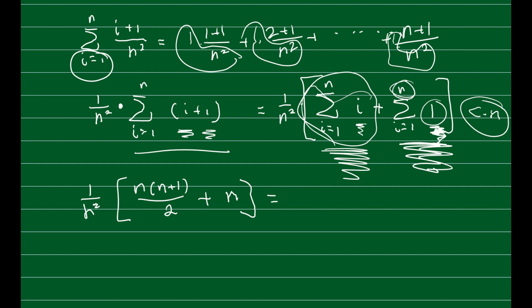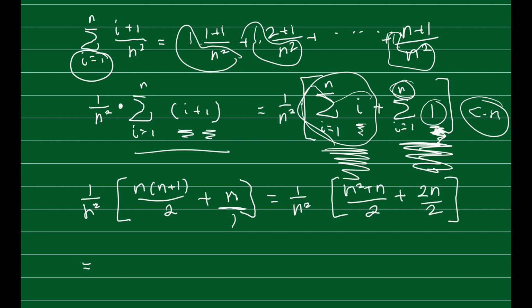And at this point, we put this as two fractions into one fraction. This is 1 over n squared times n squared plus n over 2 plus, we want the denominator to be 2, so we write 2n over 2.